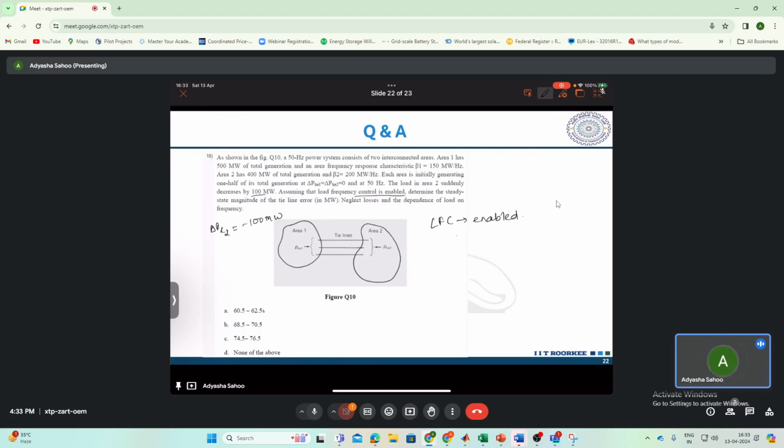So that implies your controller will make the steady state error 0, right? Because here you have LFC. So basically it is none of the above, because this will be 0.